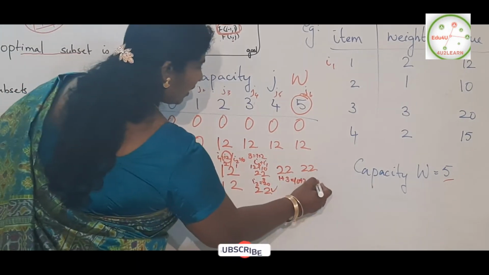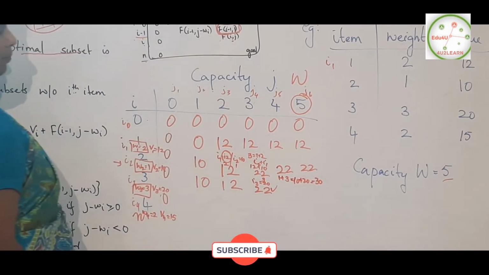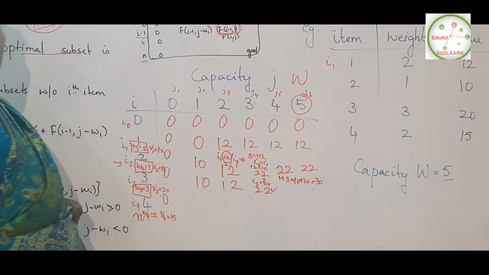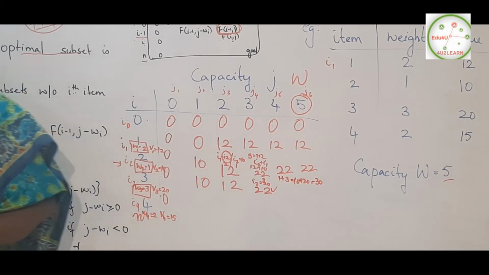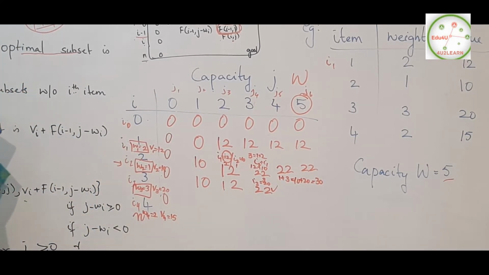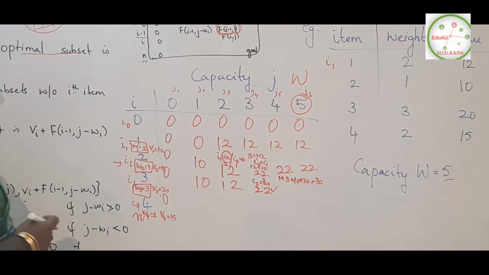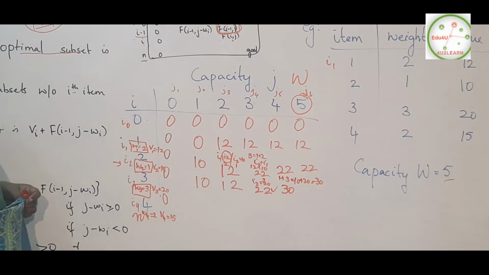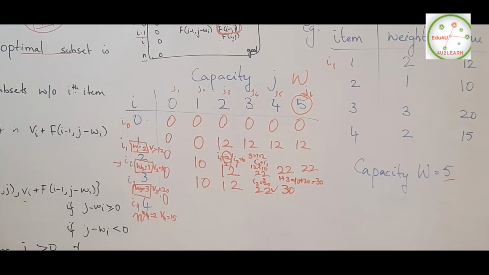So obviously the value is going to be 30. The earlier step we had was 22. Now, is 22 big or 30 big? Our concern is that 30 is bigger. So we have this one as the solution.